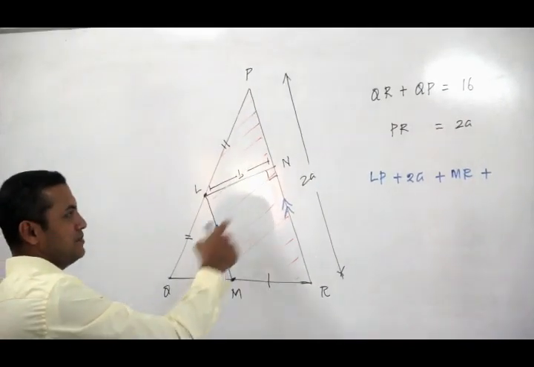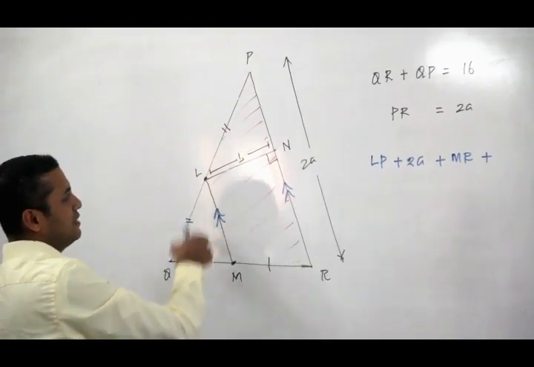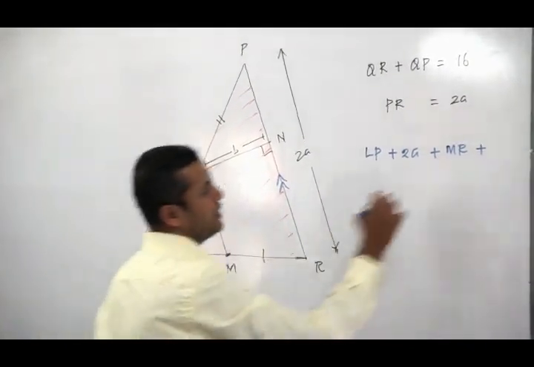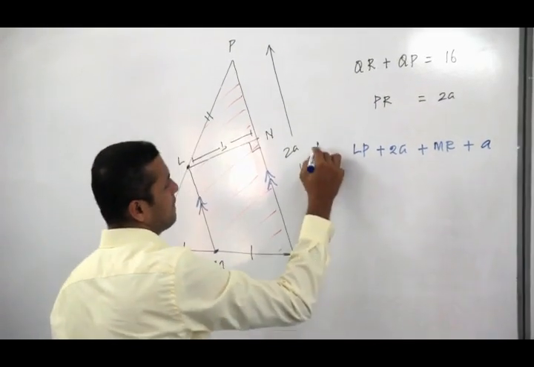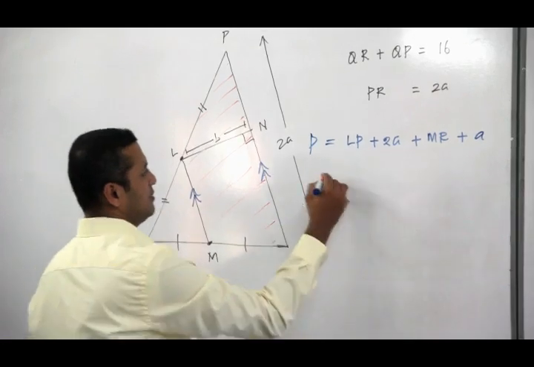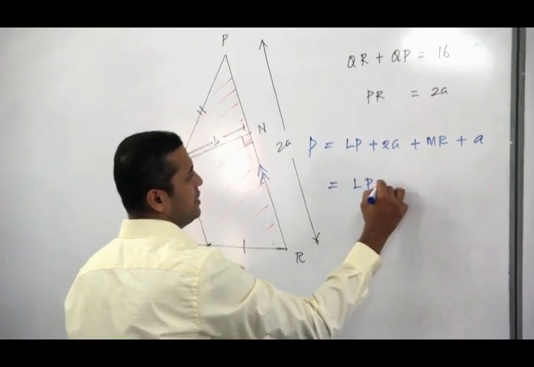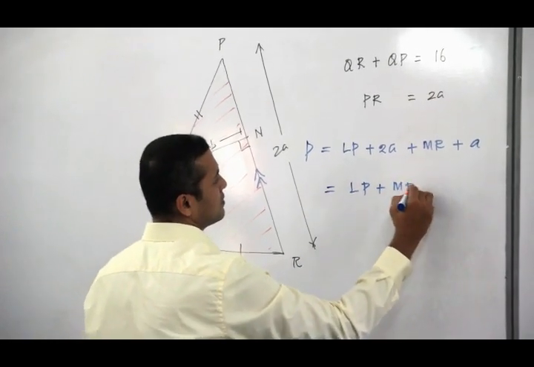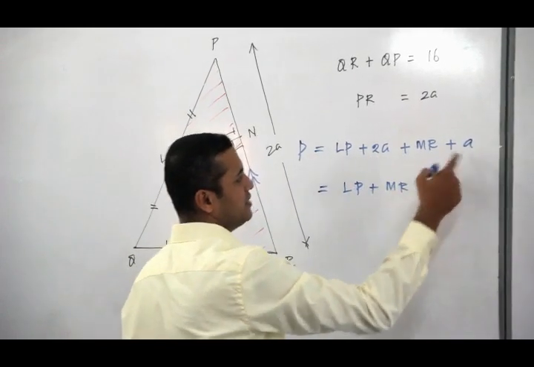According to midpoint theorem, half of 2A, right? That is going to be A. This is the perimeter, right? Then LP plus MR plus 2A plus A, 3A, right?